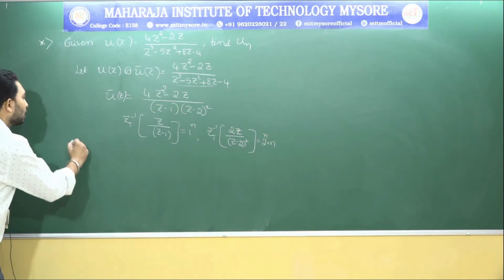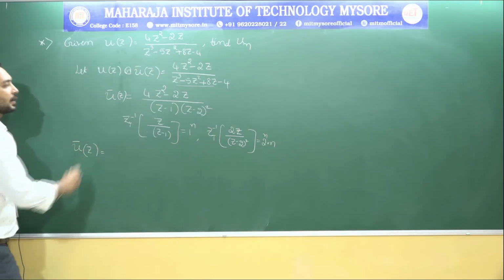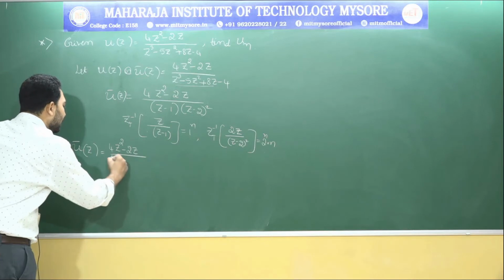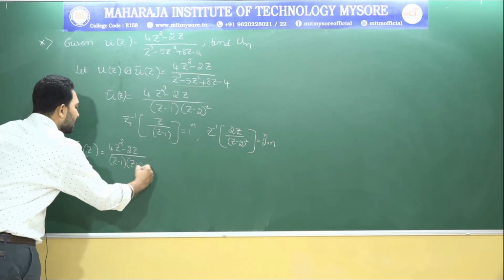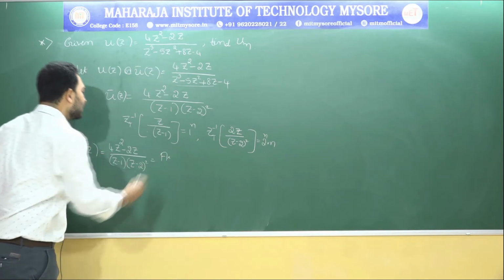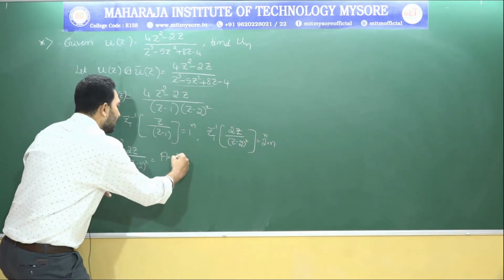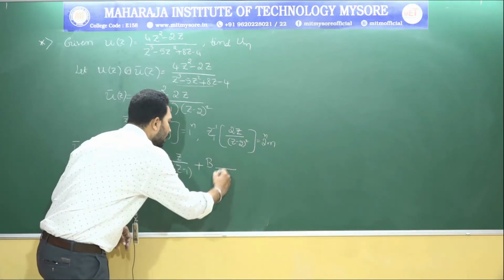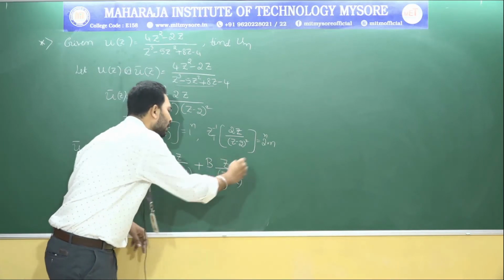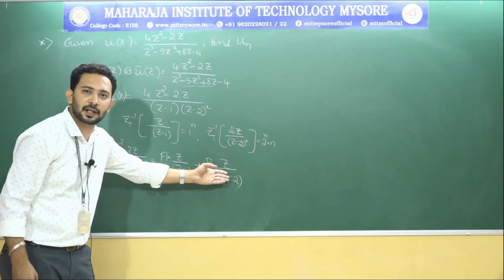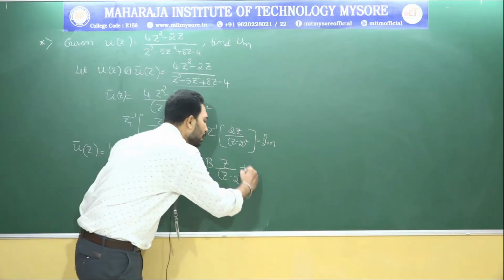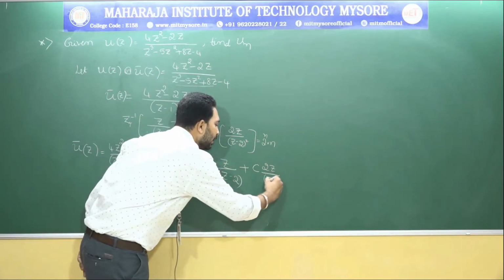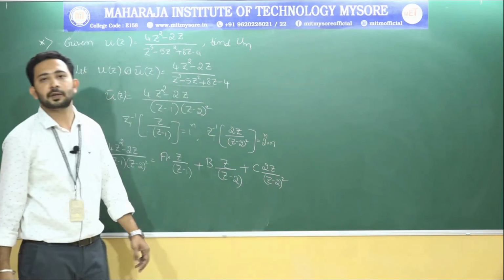Then u bar of z equals 4z square minus 2z divided by z minus 1 into z minus 2 whole square, as a into z divided by z minus 1, plus b into z divided by z minus 2, plus c into, for z minus 2 whole square, we should take 2z divided by z minus 2 whole square.